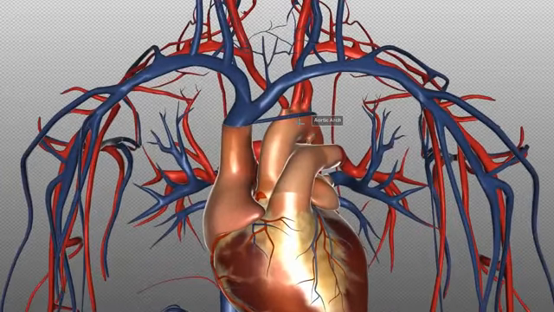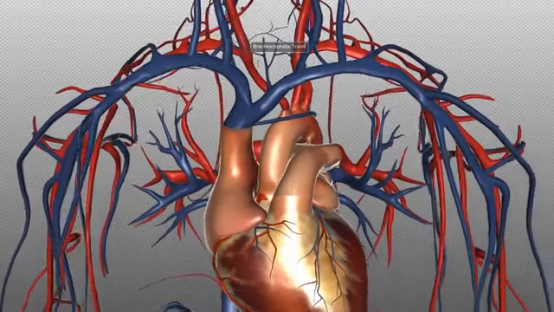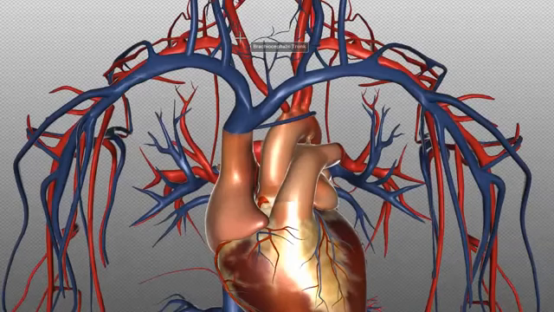So you've got this branch here which is called the brachiocephalic trunk, and this branch splits into 2. So you've got the right common carotid artery, ignore that annotation, and you've got the subclavian artery.